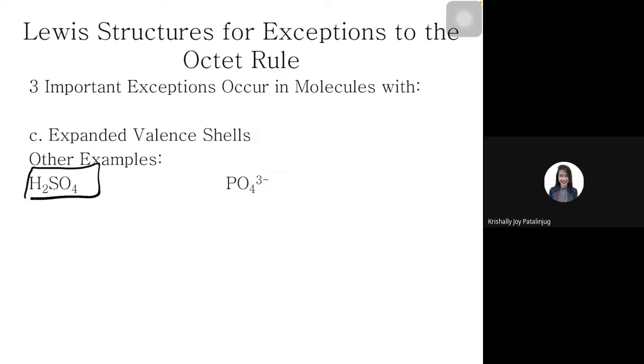So, given this molecule, chemical formula rather, of course, we would realize nga hydrogen will never be a central atom here. Okay? So, obviously, sulfur, between sulfur and oxygen, si sulfur yung magiging central dito. Okay? Now, kung si sulfur yung magiging central, sino yung kasunod probably na magiging surrounding niya? Of course, that would be oxygen.